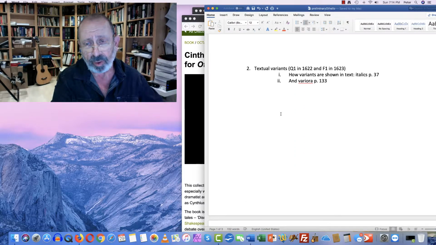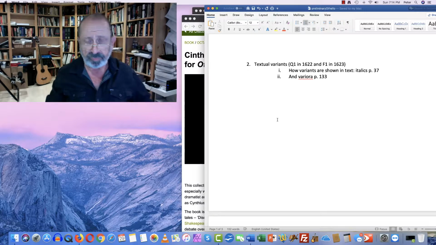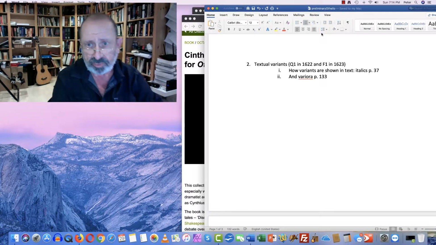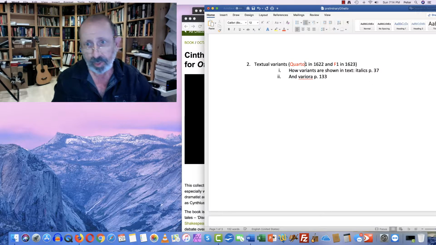Here is another one that's very, very important, and it has to do with something called textual variants. So I've got two letters here, Q and an F. Q stands for quarto, Q-U-A-R-T-O, like that, and F stands for folio.